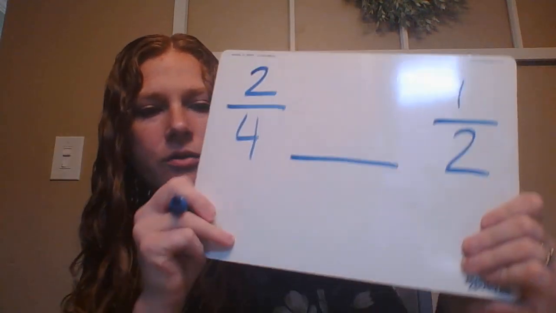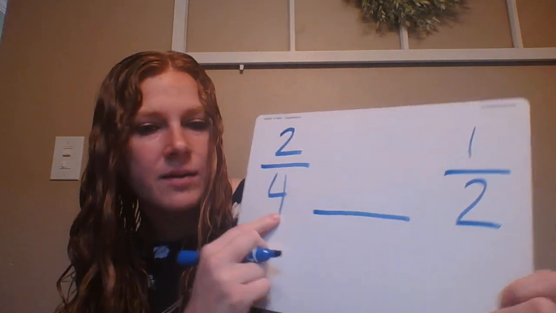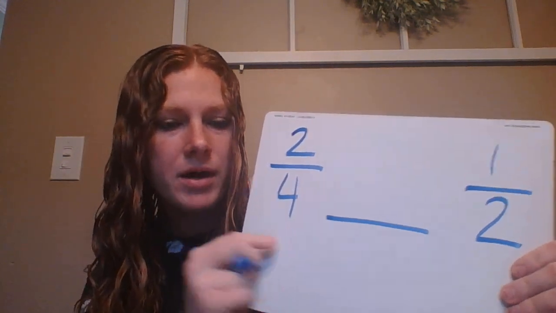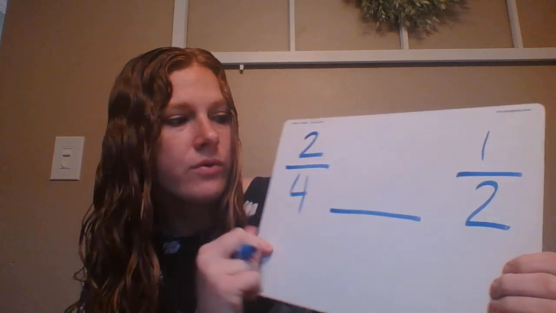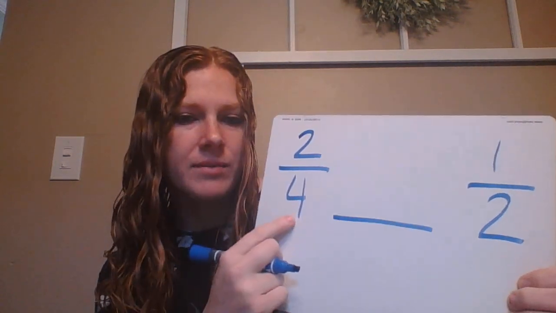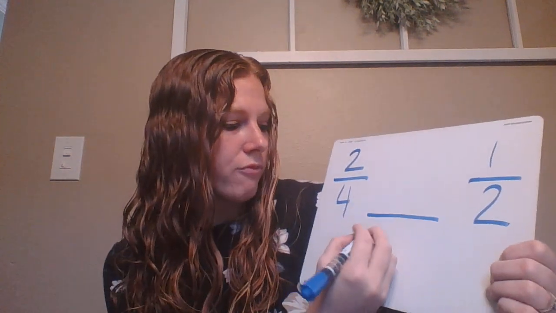Alright, now we're going to move on to fractions. Our fraction problem is 2/4 and 1/2. As you can see, our denominators are not the same, but we can make the 1/2 have the same denominator as the 4 because the 2 can go into the 4.